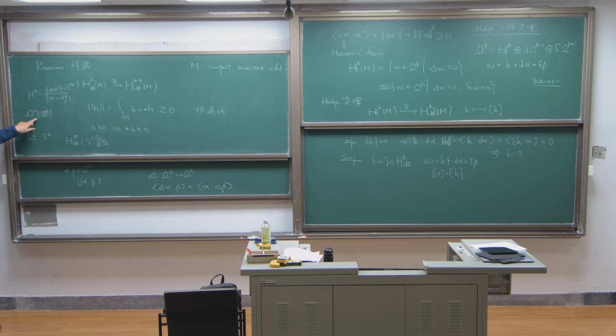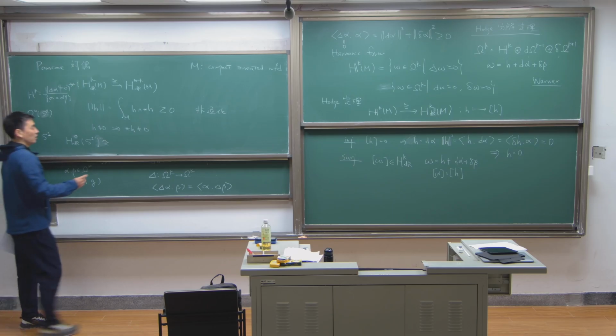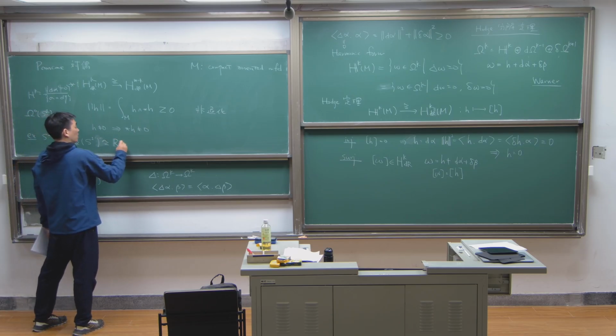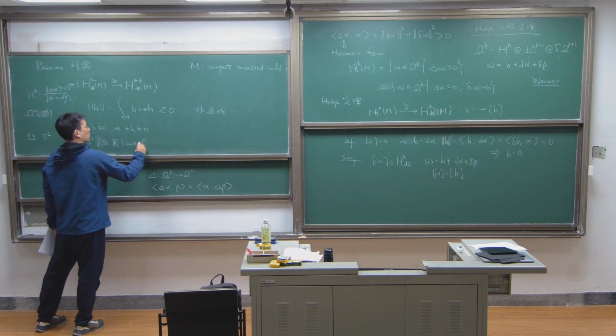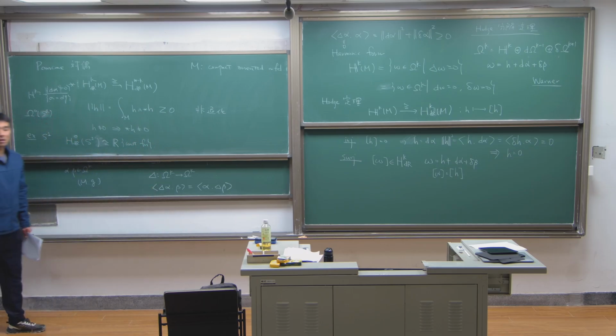So what is the closed form on S1? Constant function, good. And there is no exact form because 0 degree is the lowest degree. 所以这个是 given by constant function.